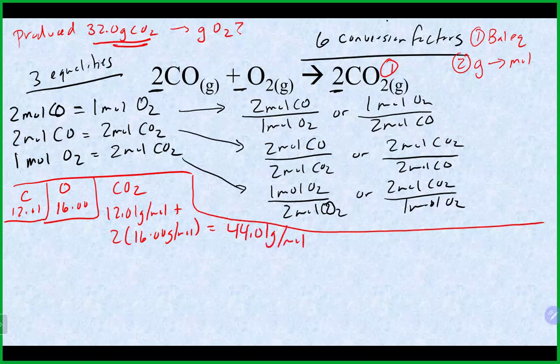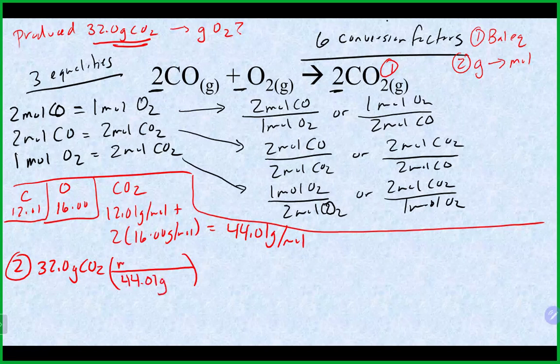So again, we're going to use that as a conversion factor here to do our second step, which is I'm going to take the 32 grams of CO2. I'm going to set it up here. Opposites cancel. So in this case, grams do need to go on the bottom, and that will give me moles of CO2 here.